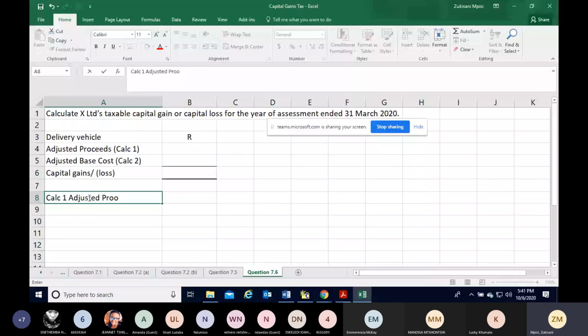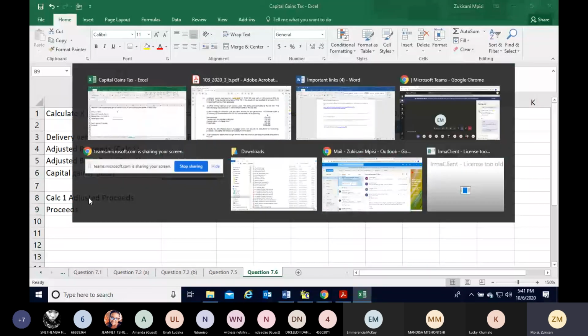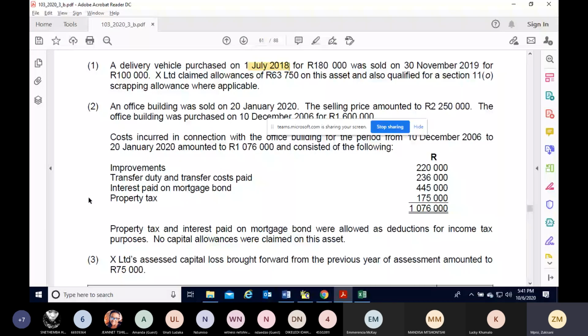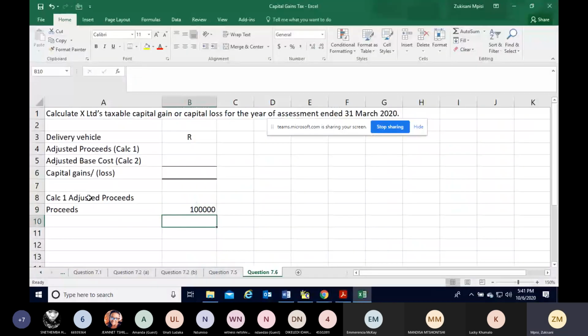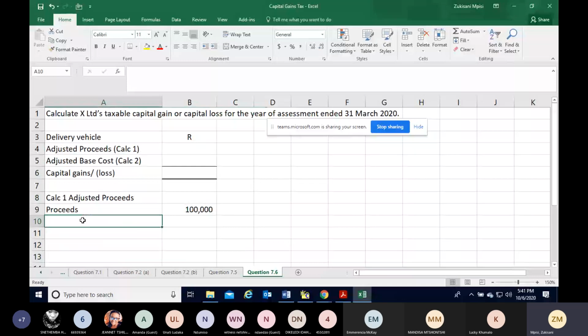We know that adjusted proceeds is proceeds. We've been given the proceeds here: it was sold for 100,000, less recoupment.